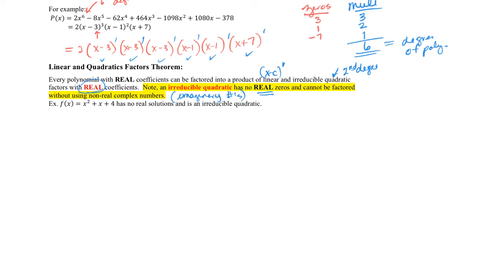So for example, f of x equals x squared plus x plus 4, I'm told has no real solutions and is an irreducible quadratic. So an irreducible quadratic means you can't factor it without using i's. So without using imaginary numbers, it can't be factored.